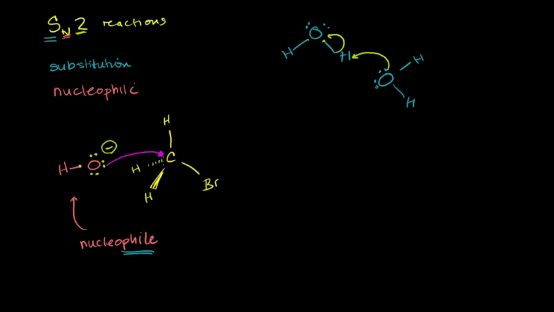They're going to bump into each other just the right way. And at the exact same time, this has to happen simultaneously, the electron sitting at that end of the bond is going to go to the bromine. So it is literally a one-step reaction.